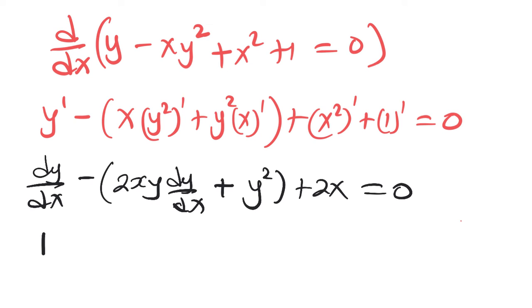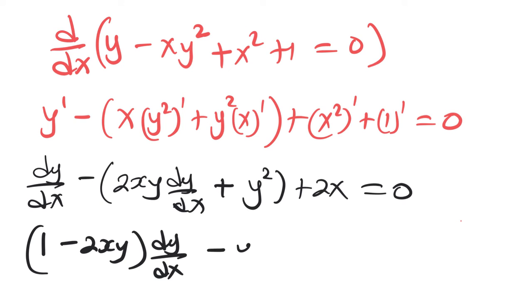So this will be 1 minus 2xy, the terms involving dy dx, minus y squared plus 2x equal to 0. So the next step is to write dy dx is equal to y squared minus 2x, and then we divide by that. Then we plug in the points.